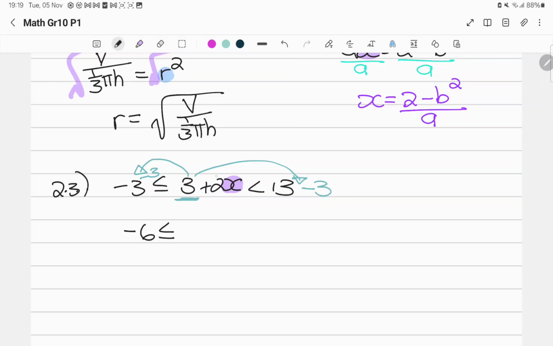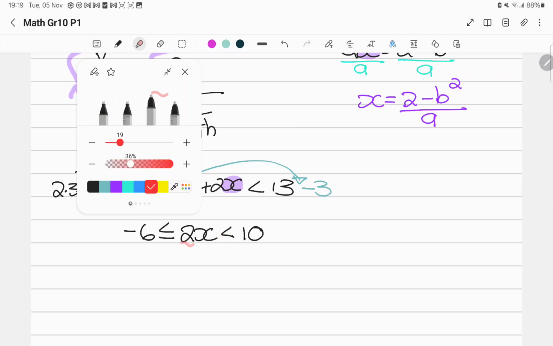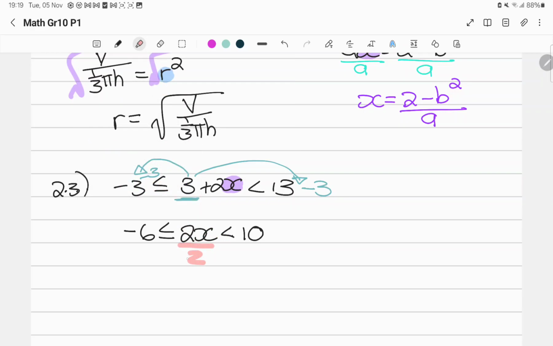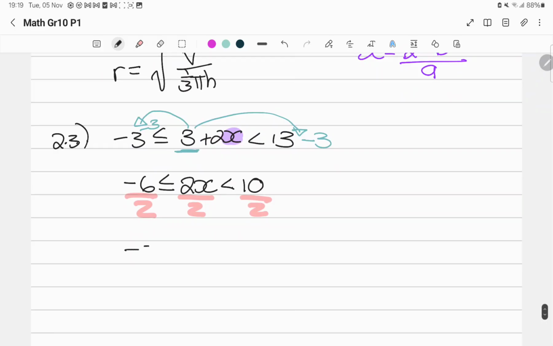I already took over my 3, so I only have my 2x, and then I have 13 minus 3, which gives me 10. Now I can go on from here, and because I have 2, I don't want the 2, so I need to divide everywhere, on the left hand side and on the right hand side, with 2, which then gives me minus 3 less than or equal to x, less than 5.